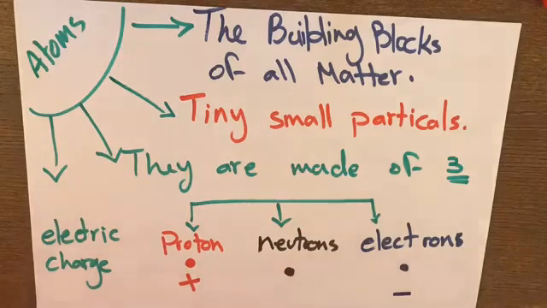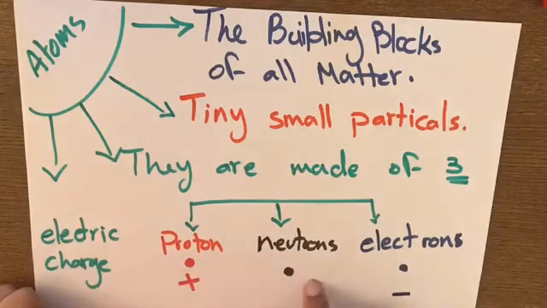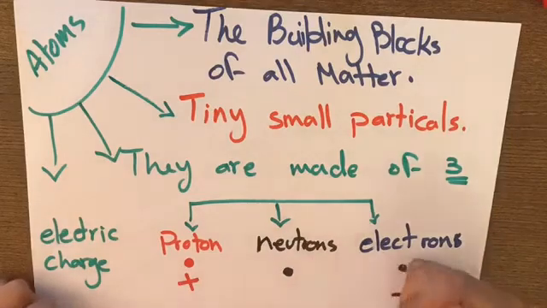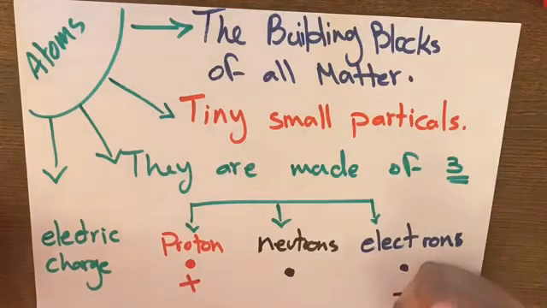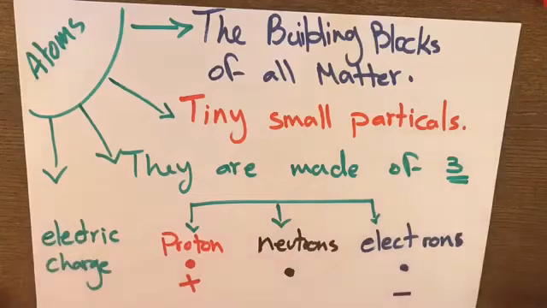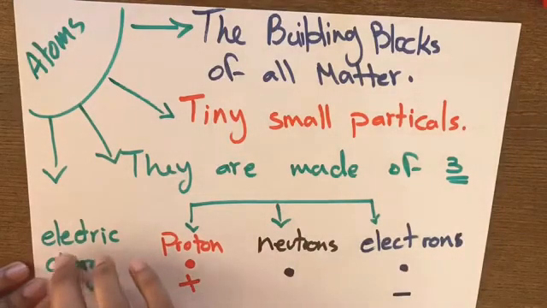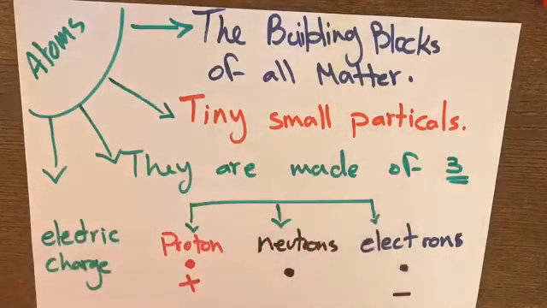They are made of 3 main particles: protons, neutrons, and electrons. Okay, protons and electrons are electrically charged. What do I mean by electric charge? Electric charge is the property of a particle that affects how it behaves around other particles.